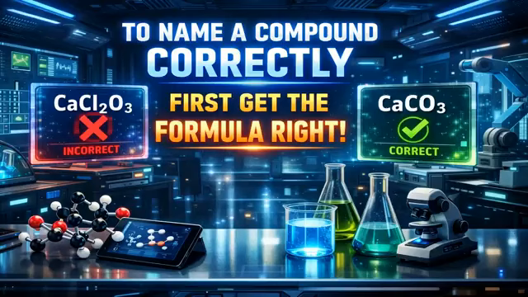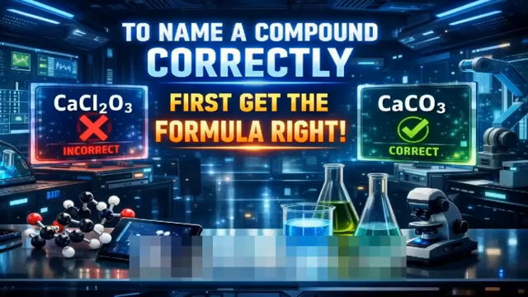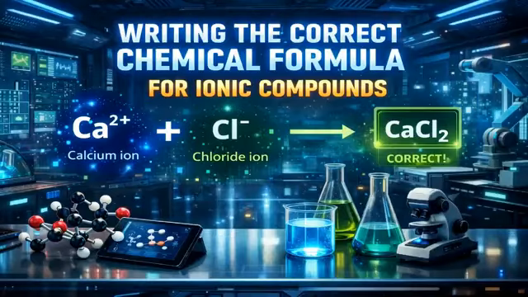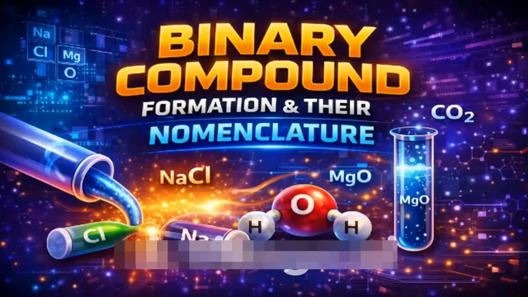To be able to name a compound correctly, its chemical formula must first be correct. So let's start with writing the correct chemical formula for ionic compounds. There are some rules to follow in writing the correct chemical formula for an ionic compound.